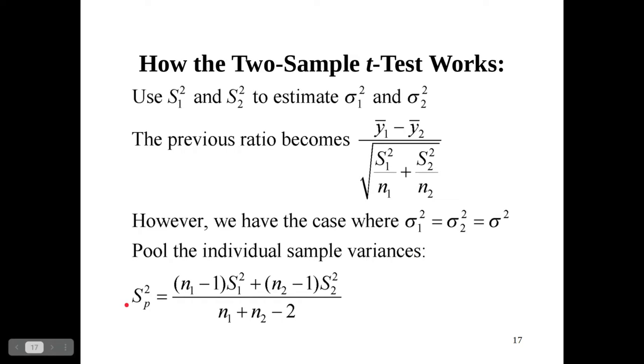The pooled sample variance Sp square is given by this formula: n1 minus 1 times s1 square plus n2 minus 1 times s2 square, divided by n1 plus n2 minus 2. We know n1 is the sample size, and we can calculate s1 square and s2 square from our samples.